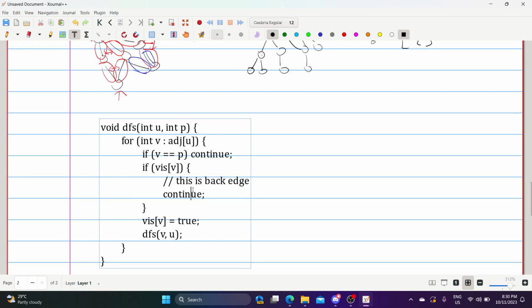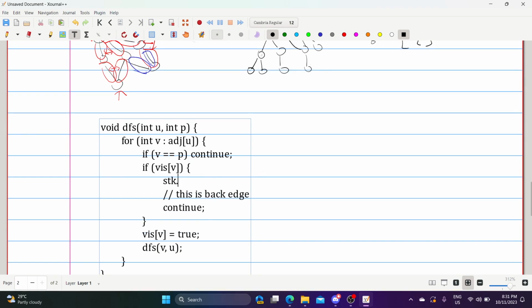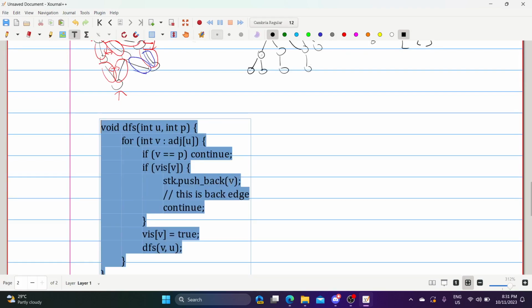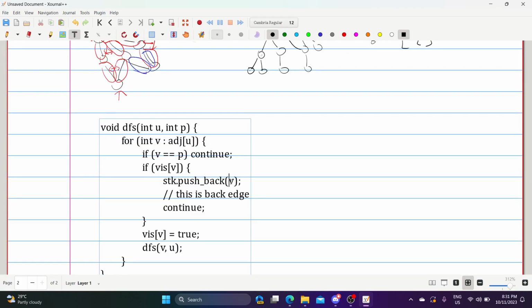So in the case of question 1, the moment you find a back edge, you want to push it into a stack first, like stack.push_back(v), because among all the back edges for this vertex, you want to find the lowest depth.